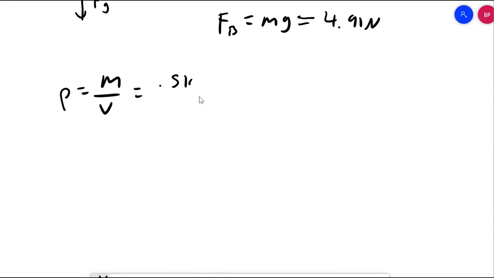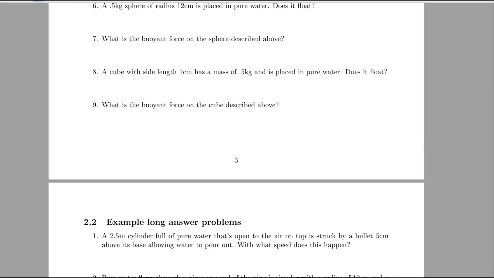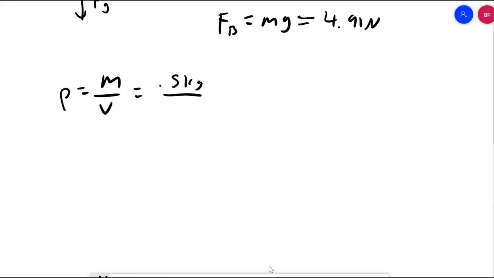Its mass is 0.5 kilograms, and it's a cube with side length 1 centimeter. The volume of a cube is the side cubed. If we convert that to meters, this is 0.01 cubed.